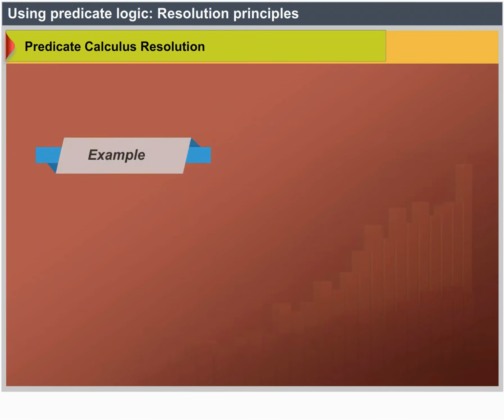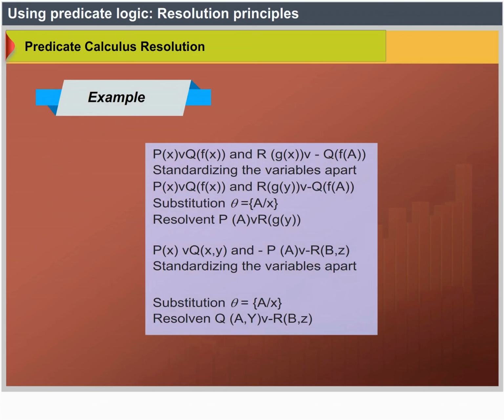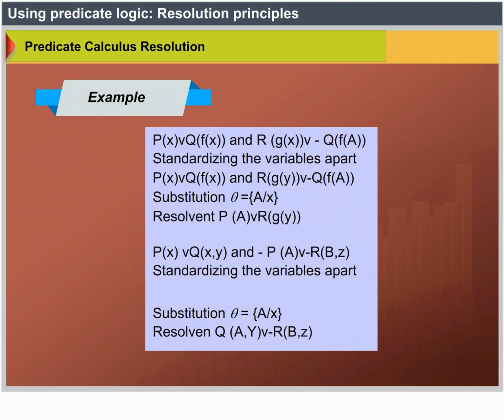Example. P(x) or Q(f(x)), and R(g(x)) or not Q(f(a)). Standardizing the variables apart: P(x) or Q(x), and R(g(y)) or not Q(f(a)).